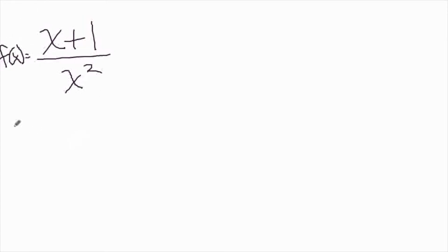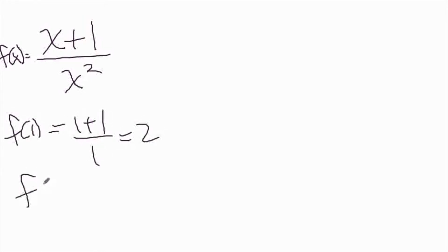Why is there a limit, unlike for polynomials? Well, suppose I had this function. Now if I asked you what f of 1 is, that's no problem. That's 2. If I asked you f of 2, that's no problem.